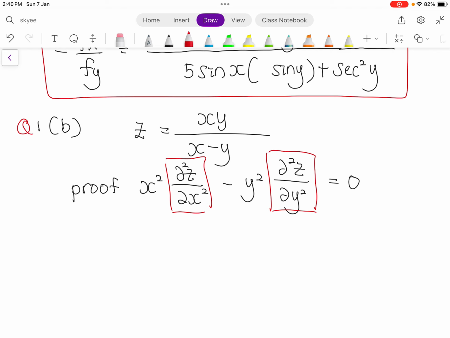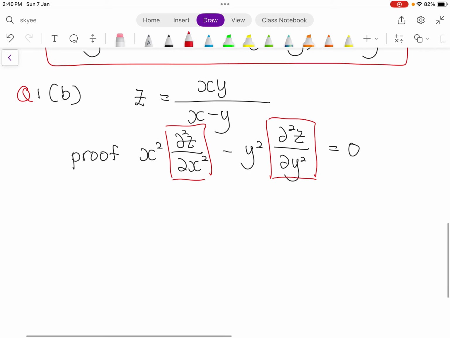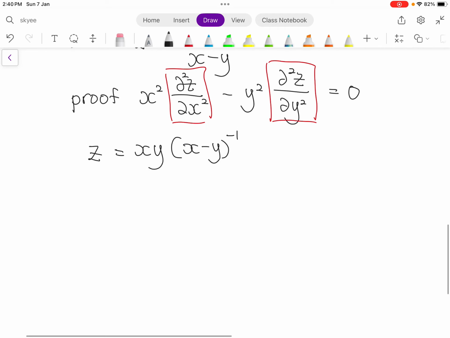Alright, so we have to use the rules, either the quotient rule or the other one. You choose the rules that you want to use. So z could be written as xy times x minus y to the power negative 1, because I want to use the product rule.